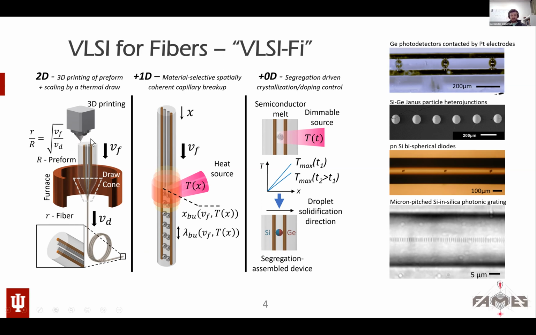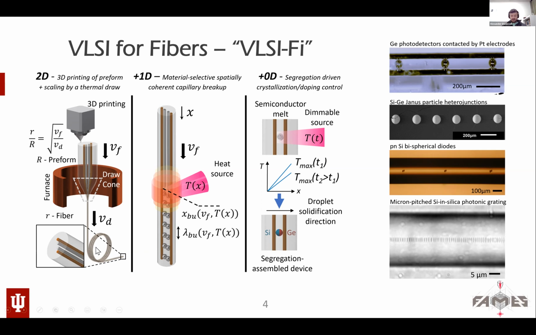And it is possible to scale down by a draw features and the macroscopic features in the preform to sub-micron level of feature size in the fiber. And those features will be submicron in cross section, but will span the whole 10,000 meters of a fiber. So that's a control over 2 dimensions of the cross section of the fiber.